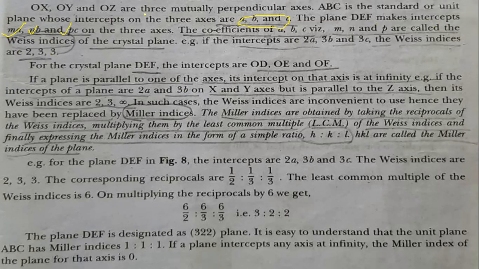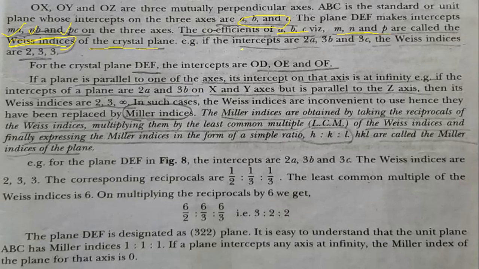Here, the coefficients of a, b, c, that is m, n, and p, are called Weiss indices. So in the previous diagram, m, n and p are called Weiss indices of the crystal plane.